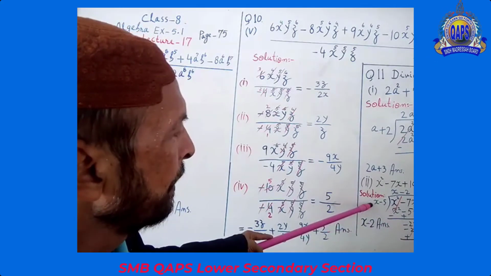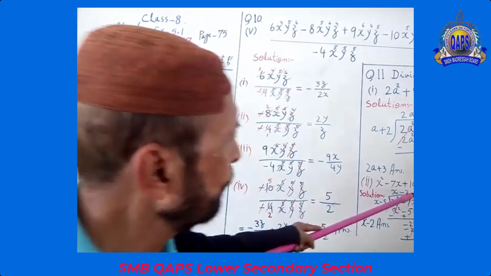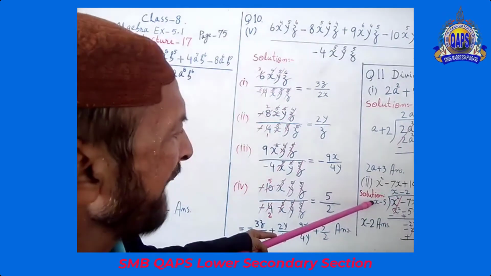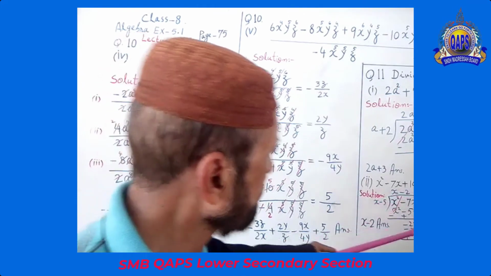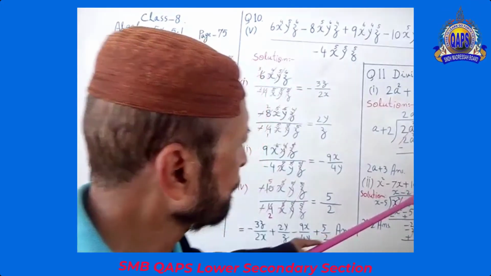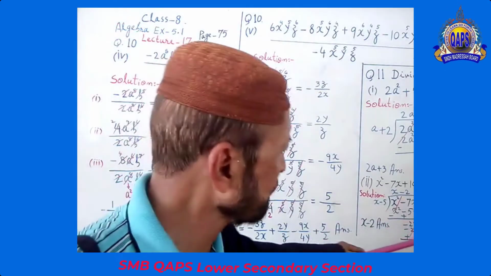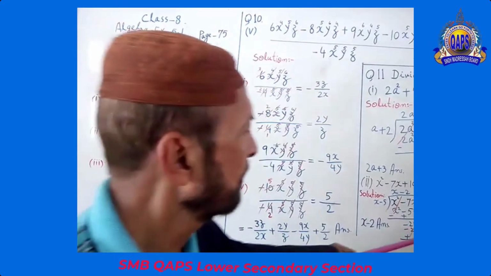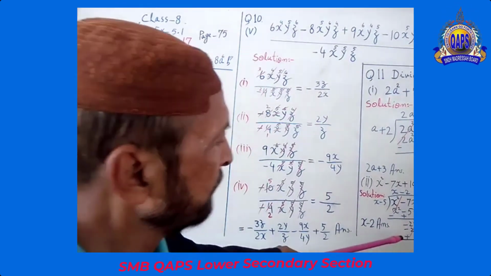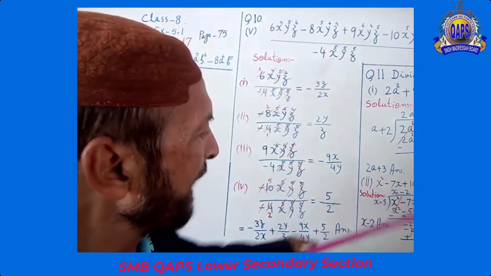This is x. So you will have to multiply minus 2. Minus 2 multiply by x. It will be minus 2x. Minus, plus. Minus 2, minus 5, if you will multiply, answer will be plus 10. You see? Change the sign. This is plus, this is minus. Cancel. Answer is x minus 2.